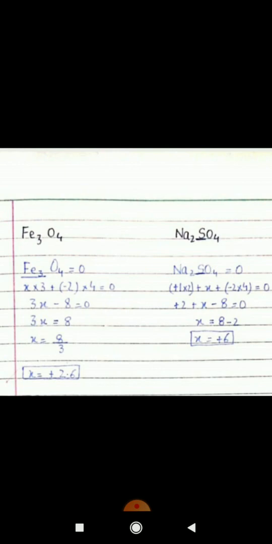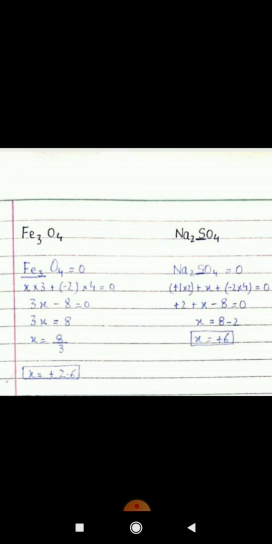The oxidation state of oxygen is -2, so we multiply 4 by -2. The algebraic expression becomes 3x minus 8. After simplifying, the value of x is equal to 2.6. So the oxidation state of iron in magnetic iron oxide is 2.6.